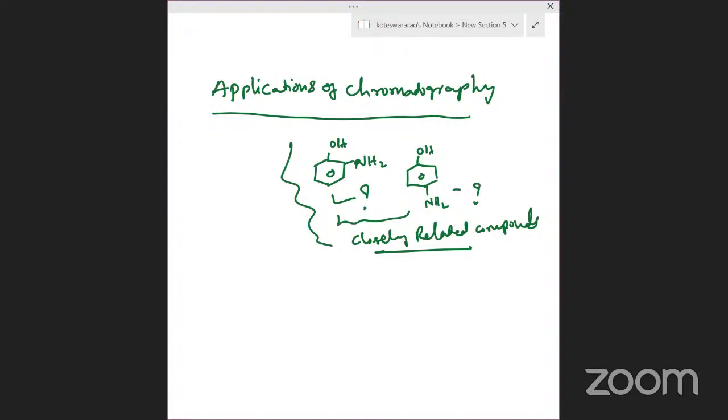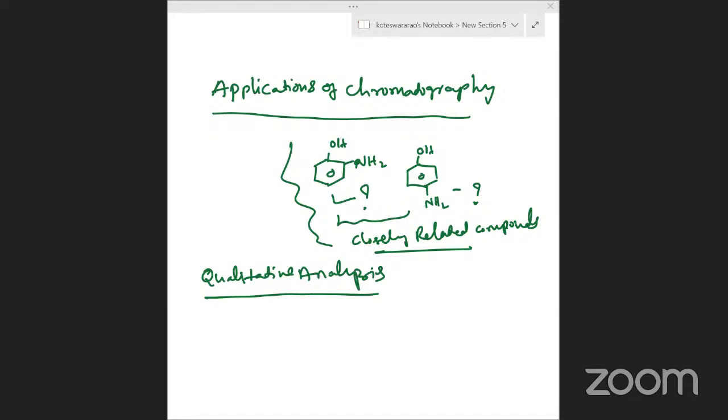Qualitative analysis is widely used for recognition of the presence or absence of a compound in a mixture that contains a limited number of species whose identities are already known.